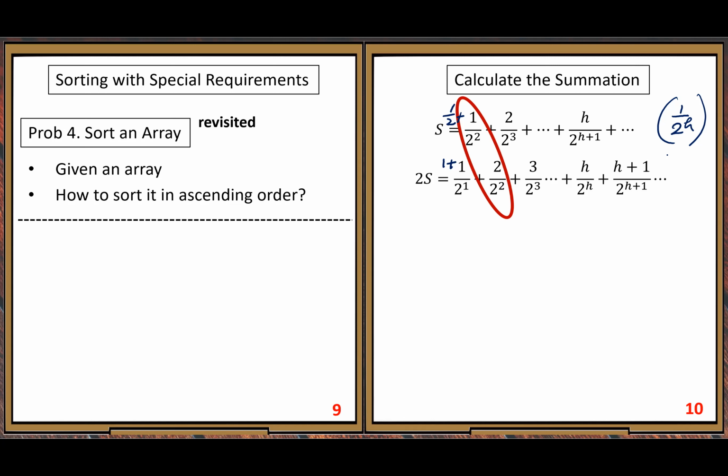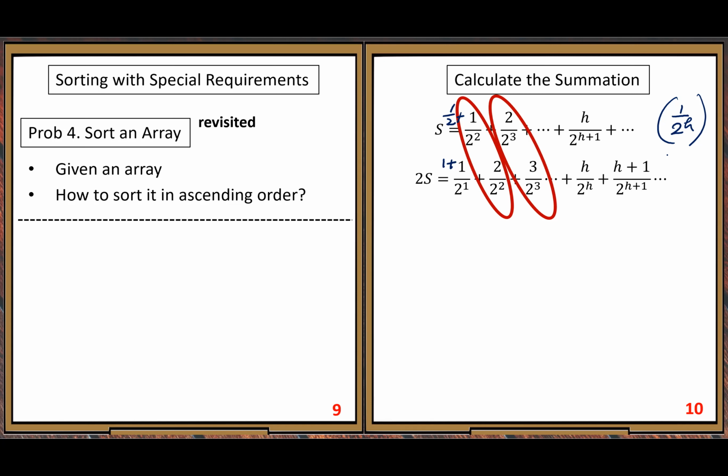In the first line, the numerator is 1. In the second line, the numerator is 2. Next pair of like terms: the first one, the numerator is 2; the second one, the numerator is 3.